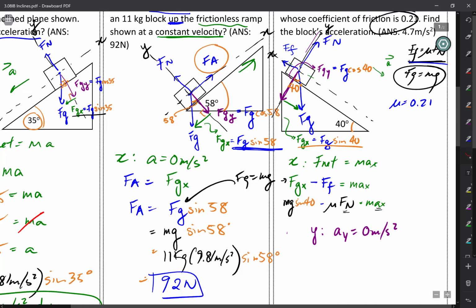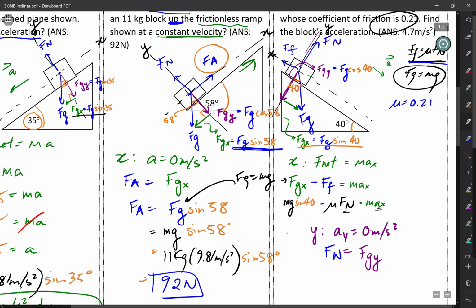Because take a look at the opposing forces. Notice that my normal force is equal to this other force pointing down, which is our Fgy. These are the only two vertical forces. So let's write that down. My Fn is equal to my Fgy. Okay?